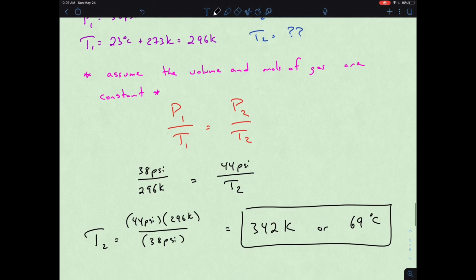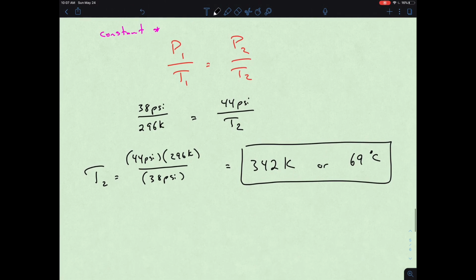And so the fourth representation of the simple laws: we've talked about pressure, volume, and temperature, and now we are bringing moles into the game.